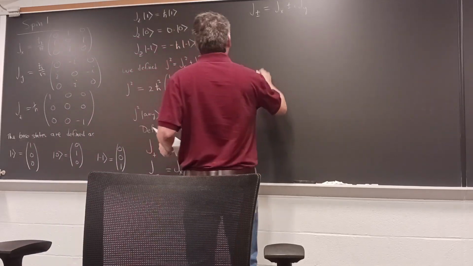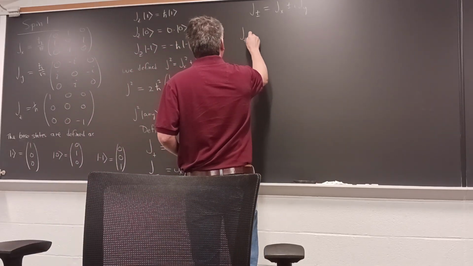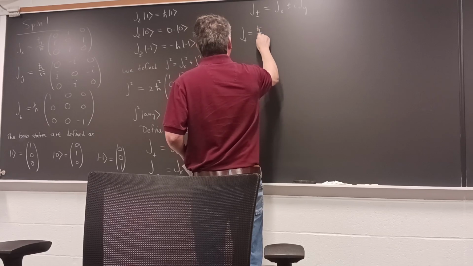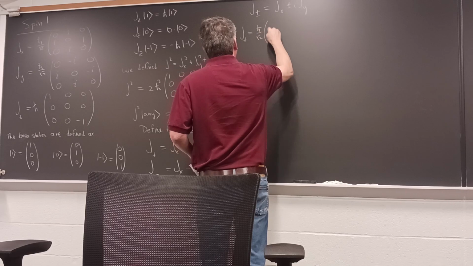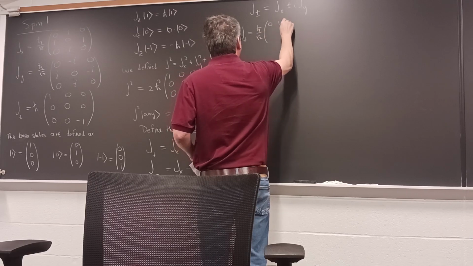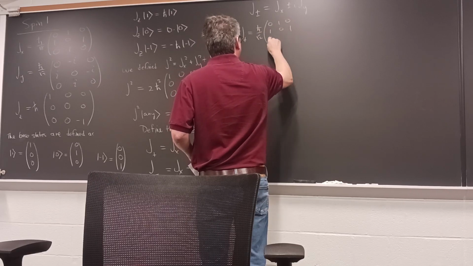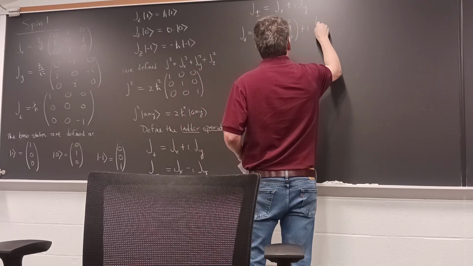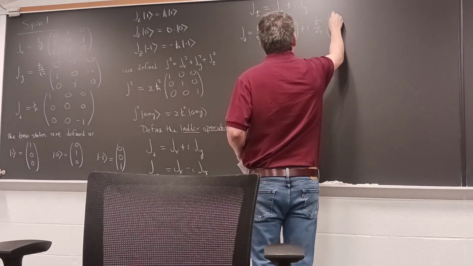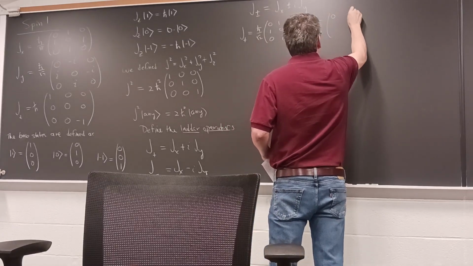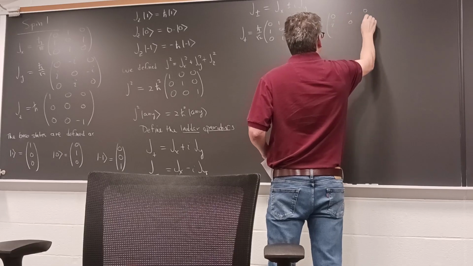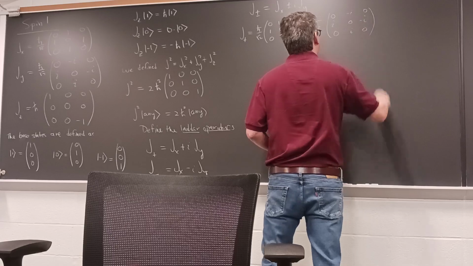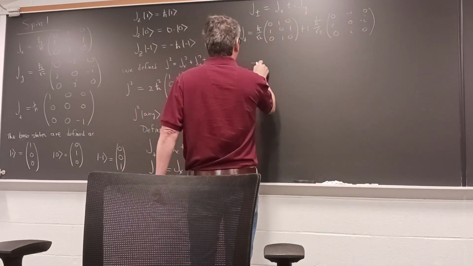So what are they? Well, if we calculate J plus, this is equal to Jx, so that's h bar over the square root of 2 times 0, 1, 0, 1, 0, 1, 0, 1, 0, plus i times Jy, which is also h bar over the square root of 2, and it's 0, minus i, 0, i, 0, minus i, 0, i, 0.